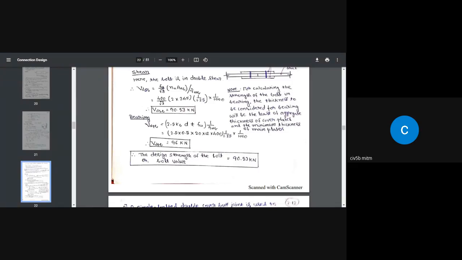Anyway, you have the notes, guys. Take a printout of it. Please go through it once. And if you get any doubt, anytime, on anything, please get in touch with me. As soon as today's classes are over, spend some time on this. Once you start learning this, it will not be difficult for you.